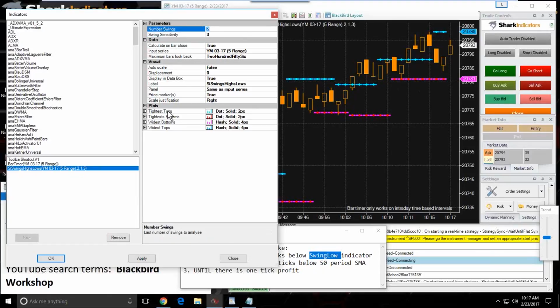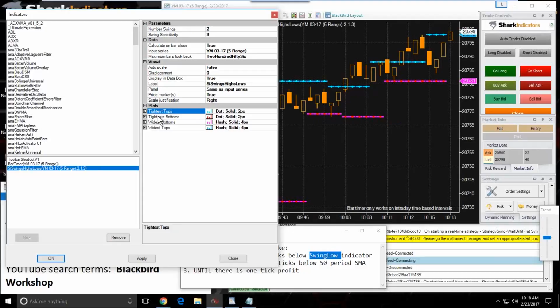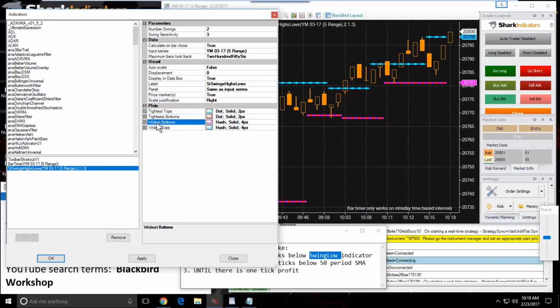Right now it doesn't matter if I use the tightest plot or the widest plot. If we look at the chart, the tightest plots and the widest plots match exactly. The dots are the tightest plots, the hash lines are the widest plots, so it's not going to matter which I use because they're matching exactly now.